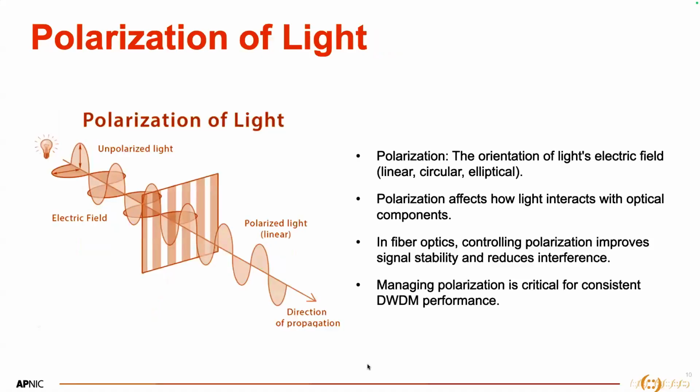Next, we have polarization of light. So what is polarization of light? As we discussed in the beginning, light is an electromagnetic wave, right? It has two planes, an electric plane and a magnetic plane.